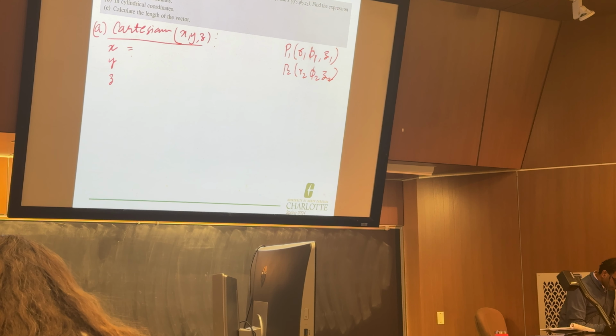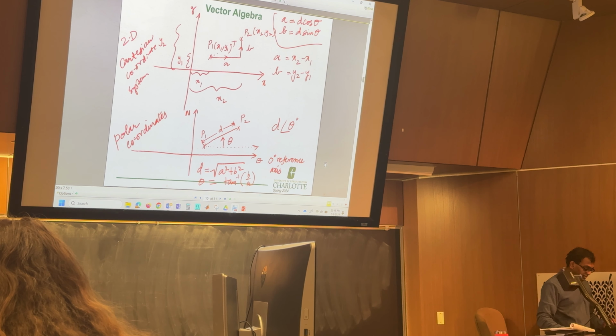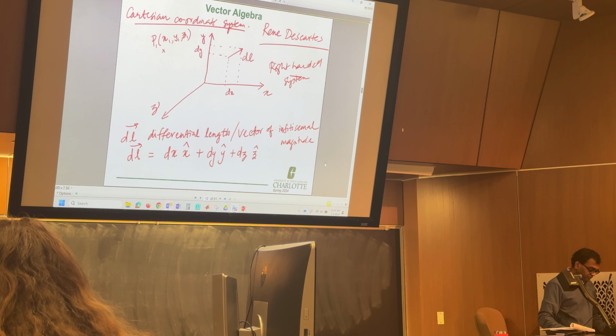Now we could keep jumping back and forth. So if I go back here, what are we looking for? We are looking for the expressions for x, y and z in terms of r, phi and z.